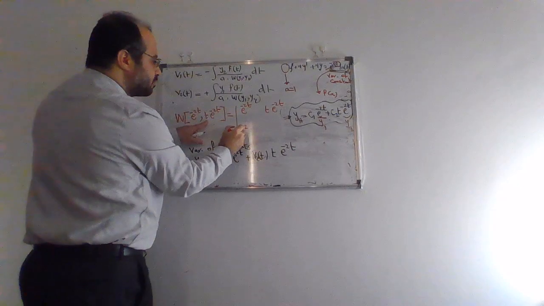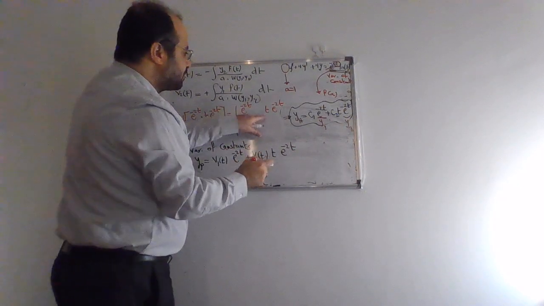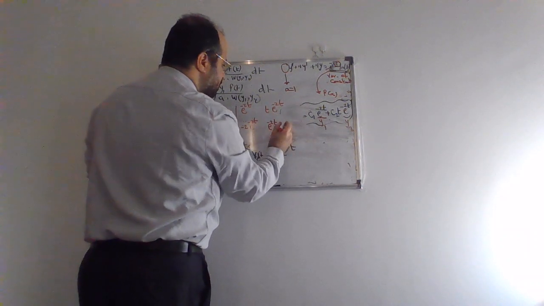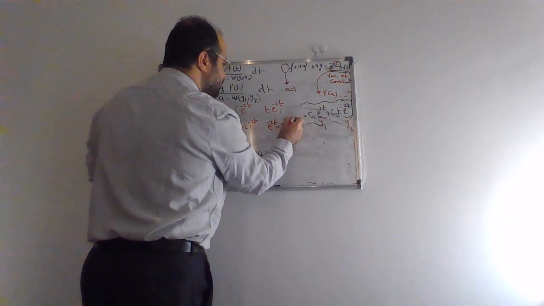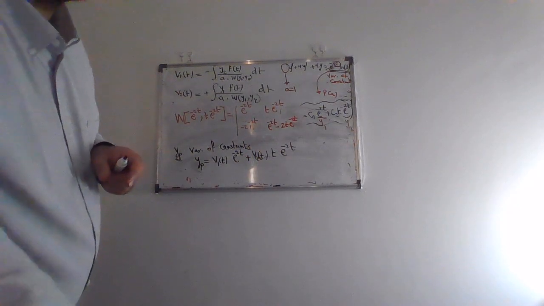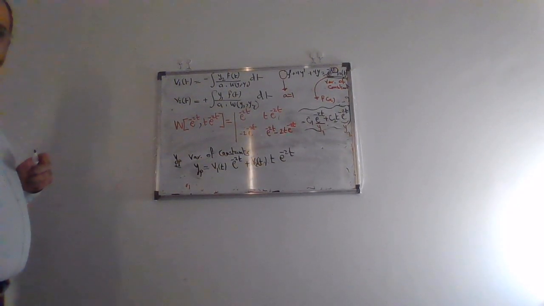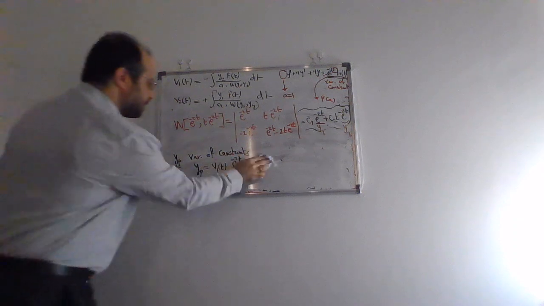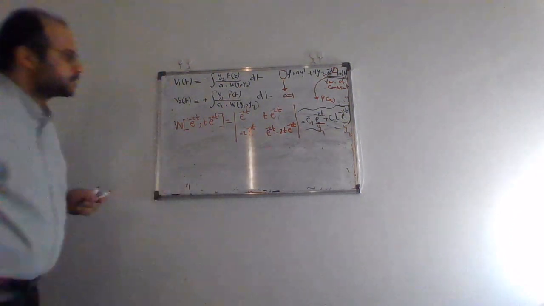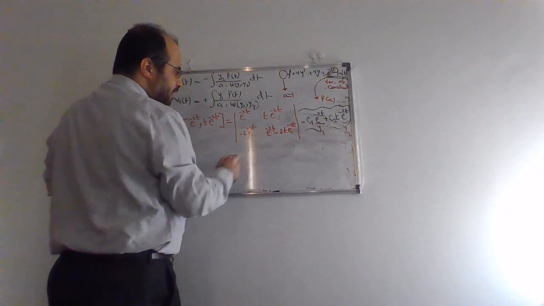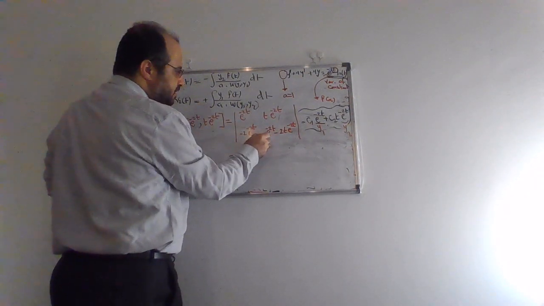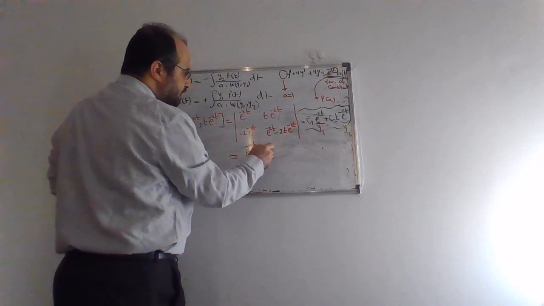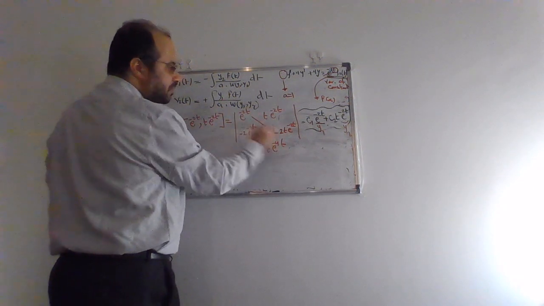You differentiate them: you get minus 2e^(-2t), and for this one you get e^(-2t) minus 2t e^(-2t). Then you multiply, and you get e^(-2t) times e^(-2t), e^(-4t), and also 2t e^(-4t).